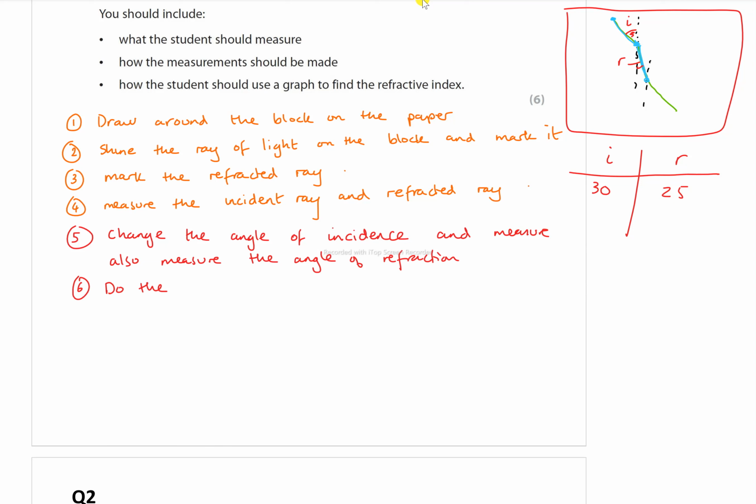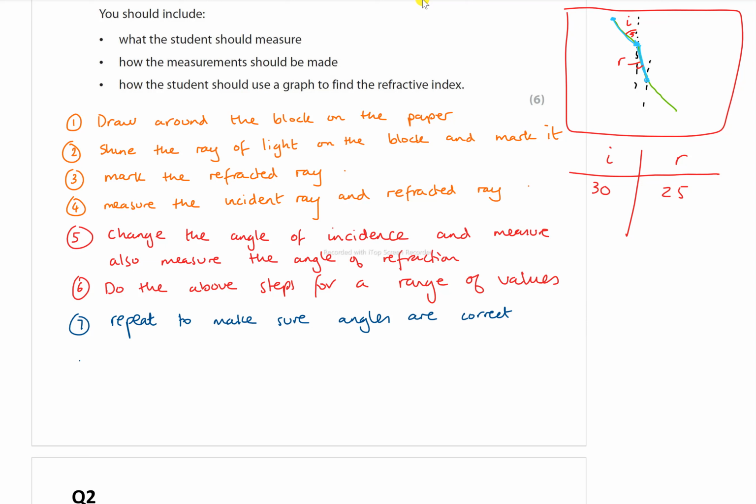Do the above steps for a range of values. Right, then we can repeat to make sure the results are correct.